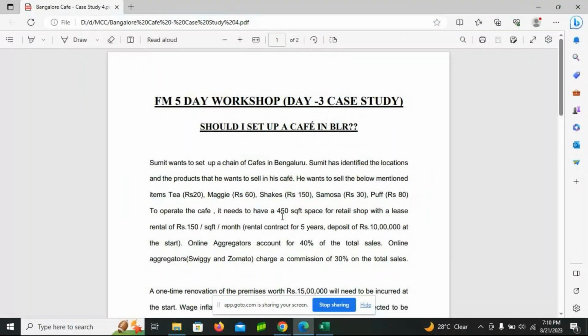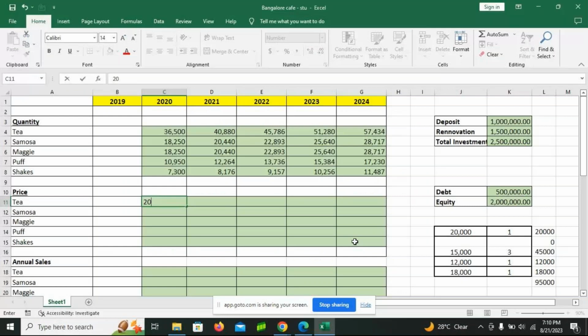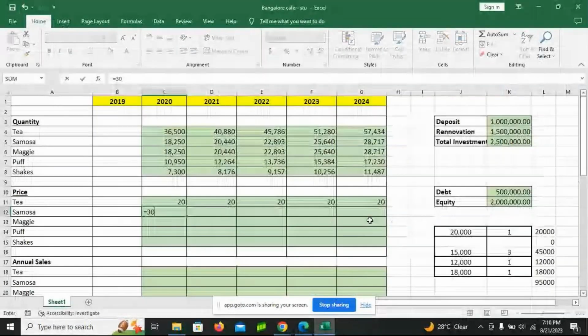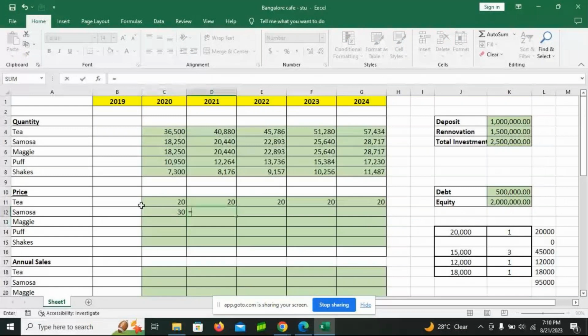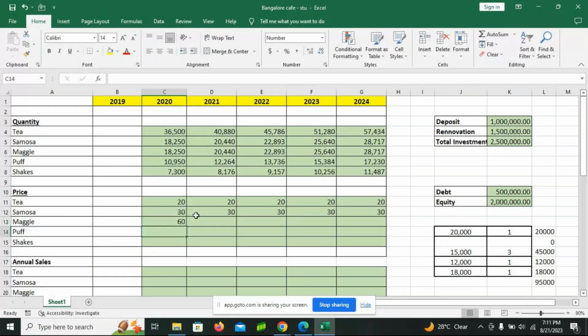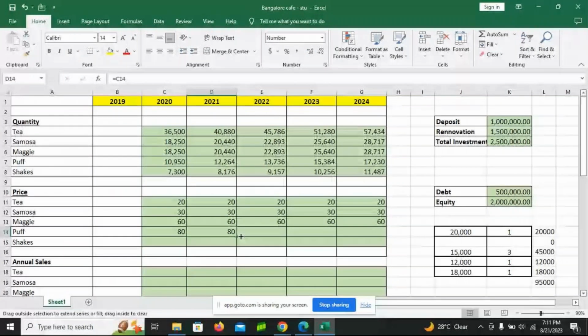So 20 for samosas, 30 for Maggi, 10 puff, fruits 20, shakes.